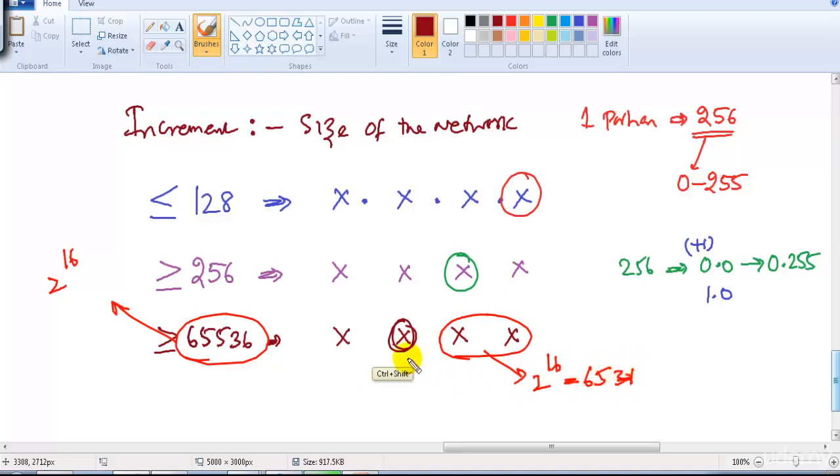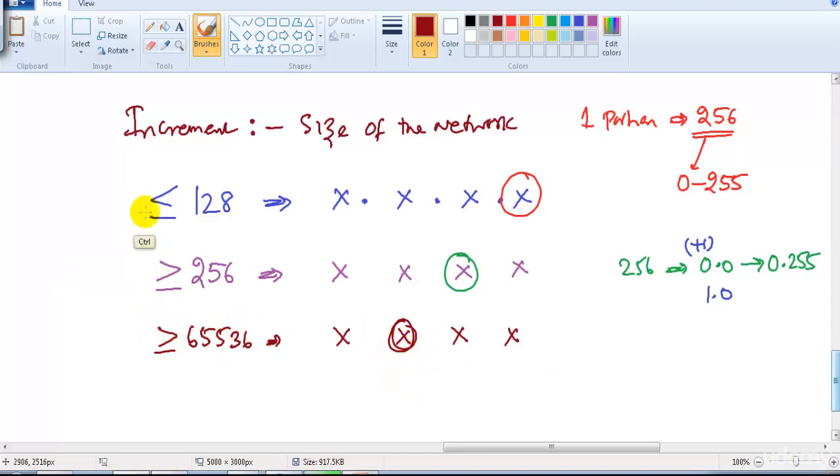In that case only we increment here, which is not generally common. You don't find such big networks, but this is how we need to remember. So the increments are always based on the size of the network we are using, in case of any class, whatever class you do subnetting on, be it A class, B class or C class.